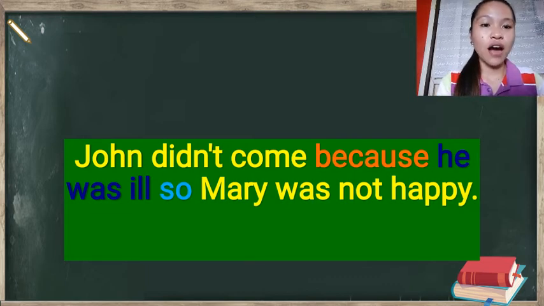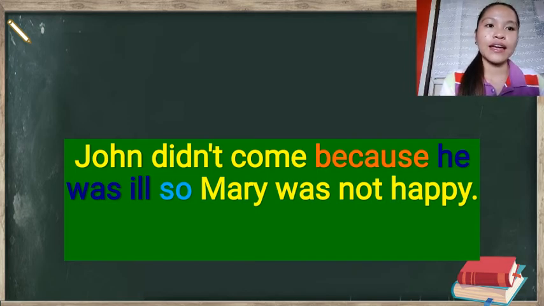John didn't come because he was ill, so Mary was not happy. So we have two independent clauses in this sentence and one dependent clause. "John didn't come" is an independent clause, and "Mary was not happy" is an independent clause also.